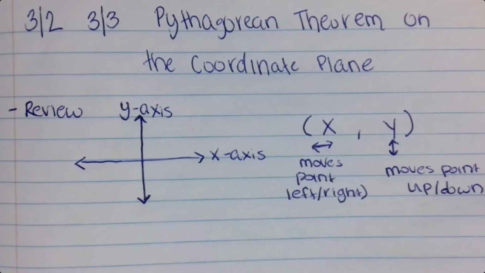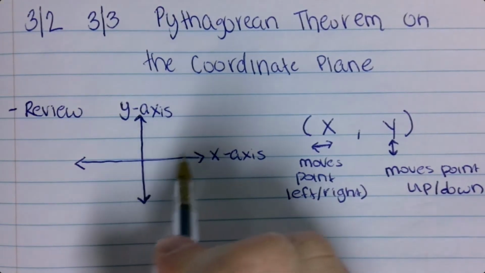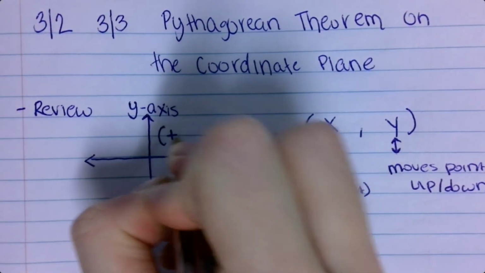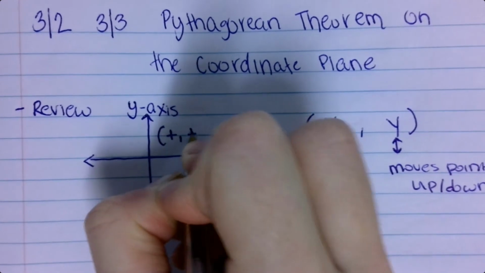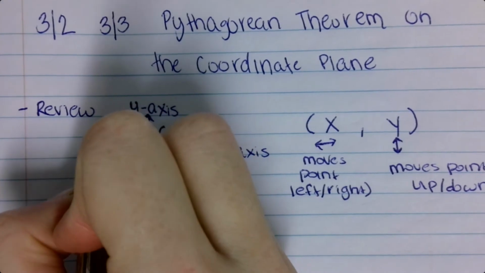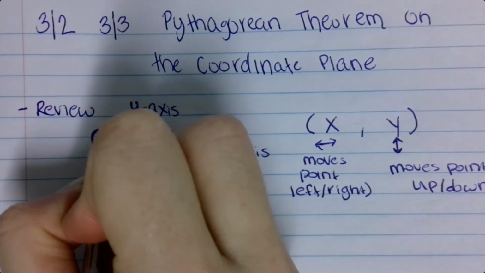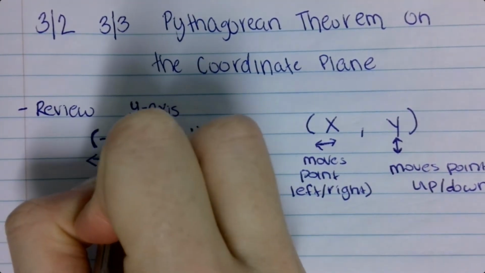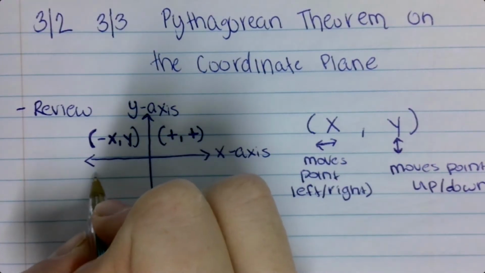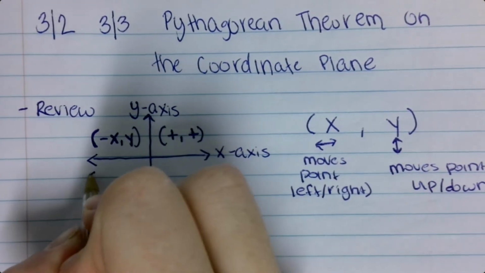Okay? Any point that is in this quadrant is going to be positive x and positive y. Any point in the second quadrant is going to be negative x and a positive y.